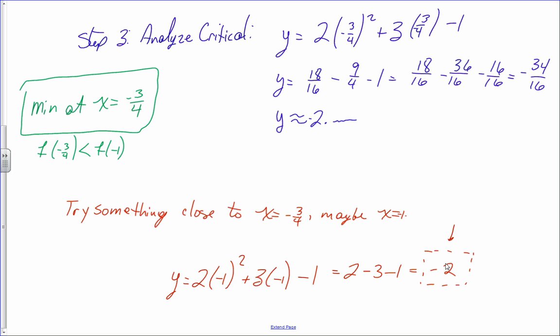Remember, with negative numbers, the smaller the number, the larger the value is lower. So negative 2 is physically larger than negative 2 point something. So we know at our critical value that we found, we have a min. All right. So that's one of your uses for derivatives, finding the extrema of your function.